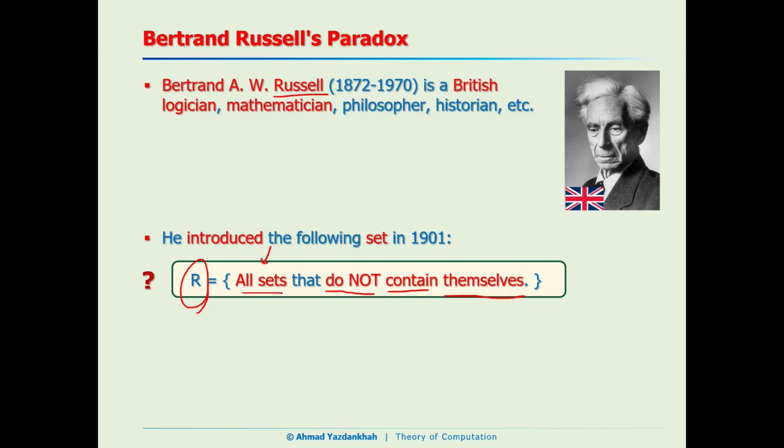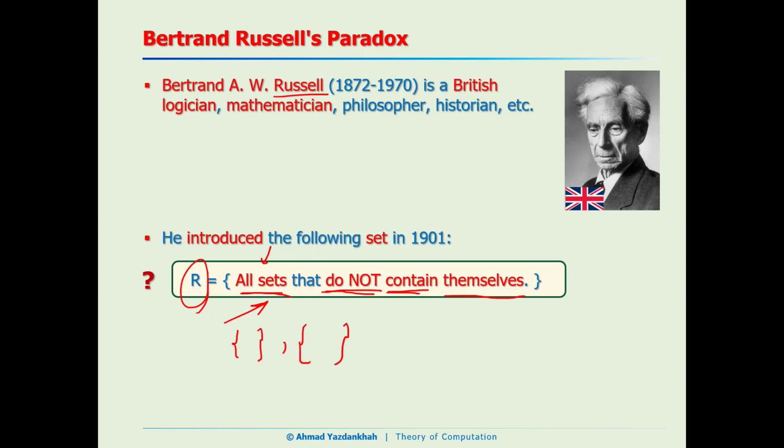So the members of this set are sets. Okay, all sets that do not contain themselves. What is the meaning of this? First we need to understand clearly what the meaning of this sentence is. So we know that the members of this set are sets.